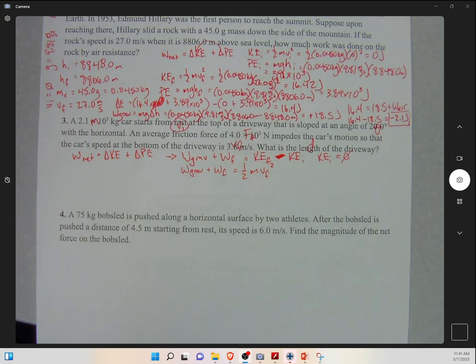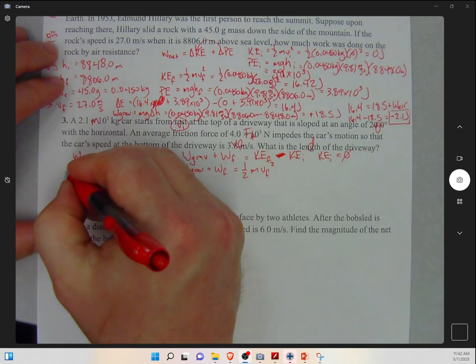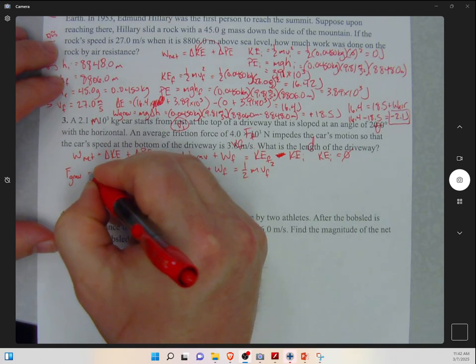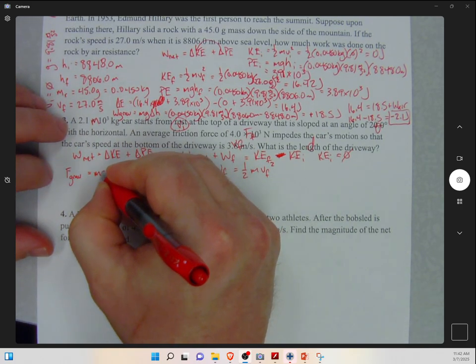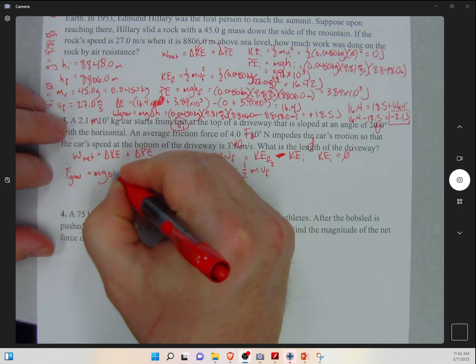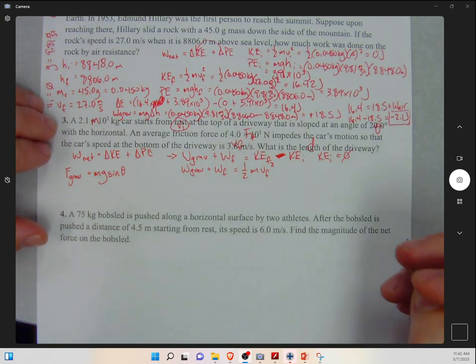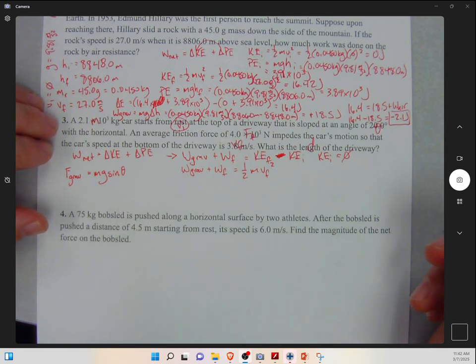Next up, we're going to calculate work done by gravity. So the force due to gravity along the incline is going to be mass times acceleration due to gravity, and we're going to do sine, right, because it's gravity. And remember, this is from chapter 4, right, sine theta.